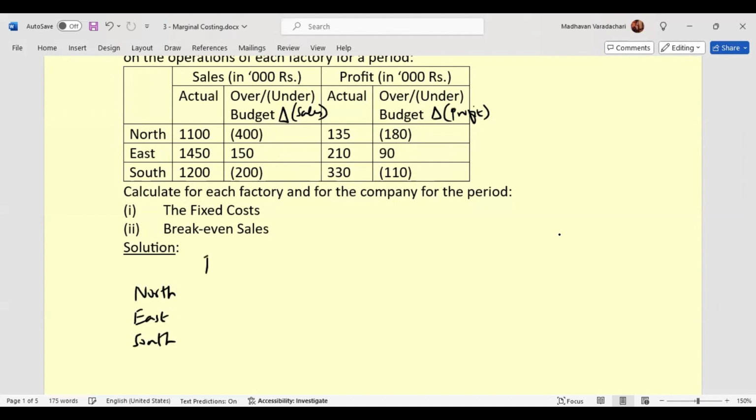We can calculate the PV ratio, and that will be change in profit divided by change in sales multiplied by 100.